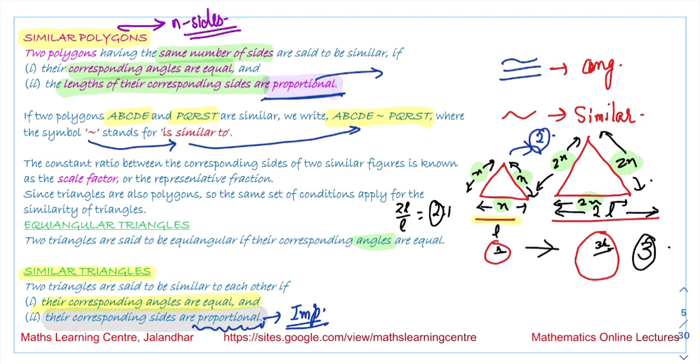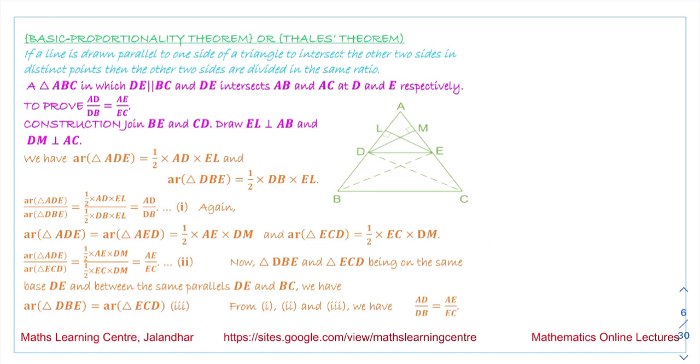The next result, or theorem, is the basic proportionality theorem, also called Thales' theorem. It says that if a line is drawn parallel to one side of a triangle to intersect the other two sides in distinct points, then the other two sides are divided in the same ratio. Suppose we have this triangle and the line DE is drawn parallel to the line BC.